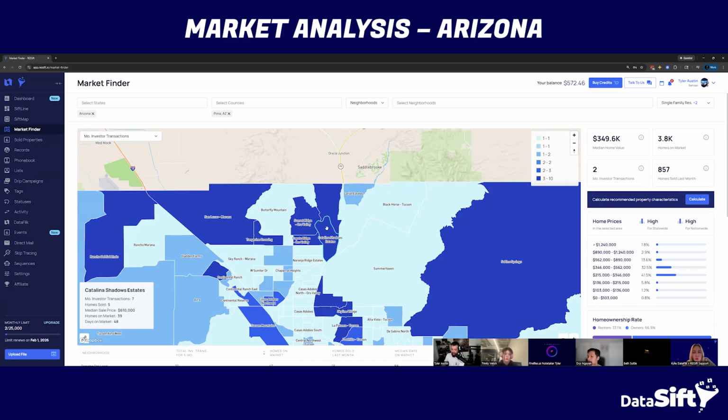Catalina Shadows Estates, median sales price 610,000, 7 monthly investor transactions, 609 and 535. So only one neighborhood in that zip code, which only accounts for 4 of the investor transactions, is in that first-time homebuyer price point.